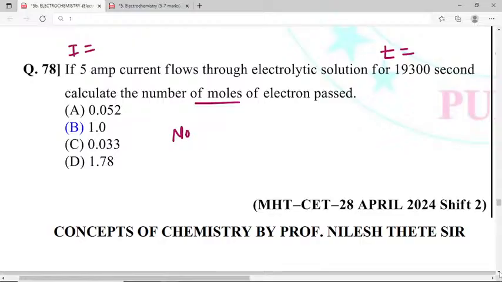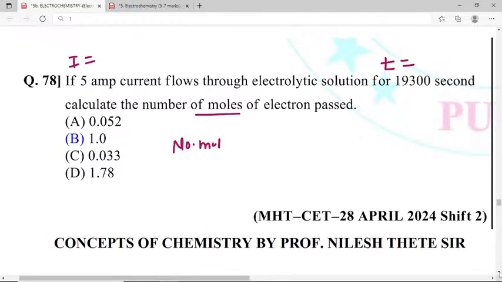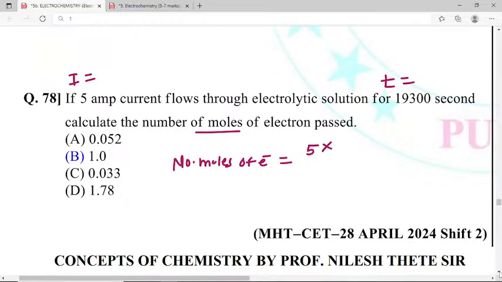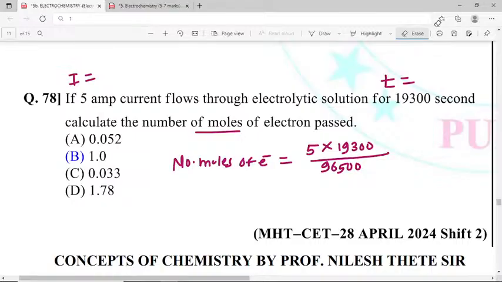So number of moles of electron is equal to current in ampere 5 multiplied by time in seconds 19300 divided by 96500 multiplied by mole ratio. Okay, what is the mole ratio? No need to apply the mole ratio. Directly solve the question. So 1.